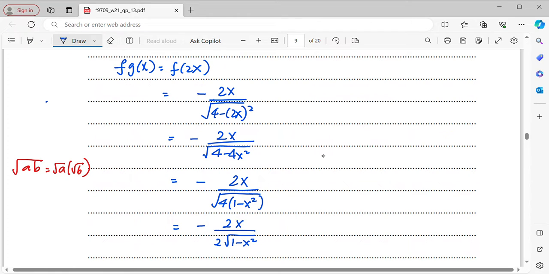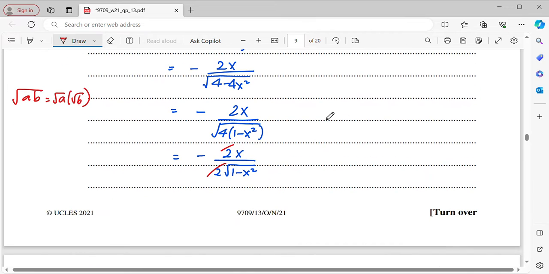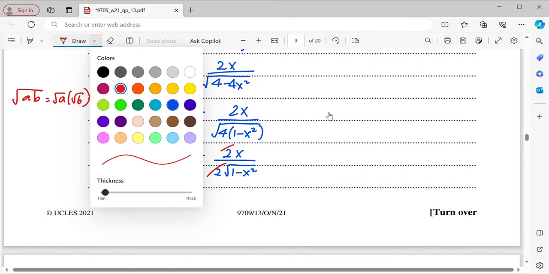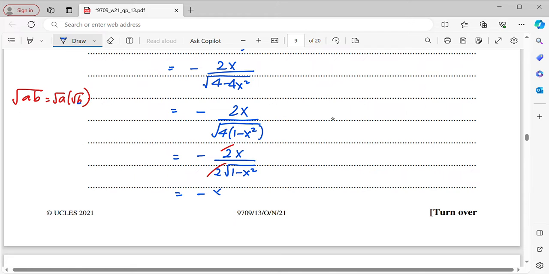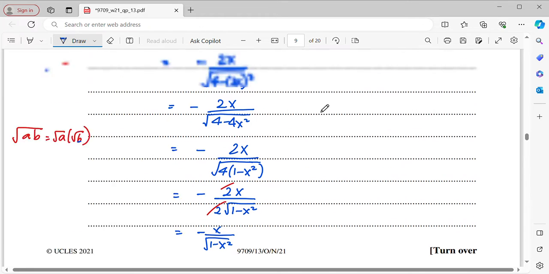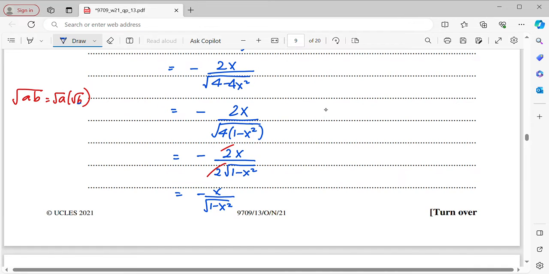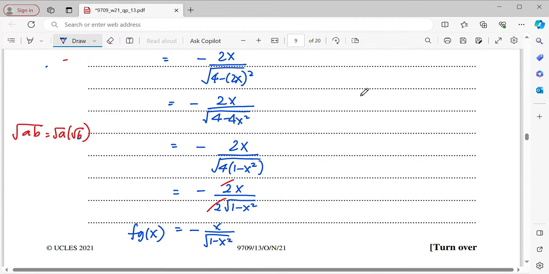So the 2 will be cancelled off from numerator and denominator. At last, you will be getting negative x over square root of 1 minus x squared. So that is our fg. Okay, so done for this fg(x).